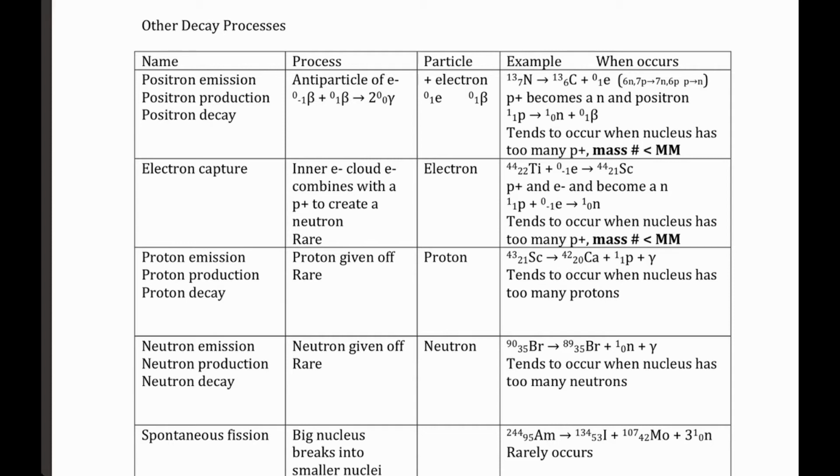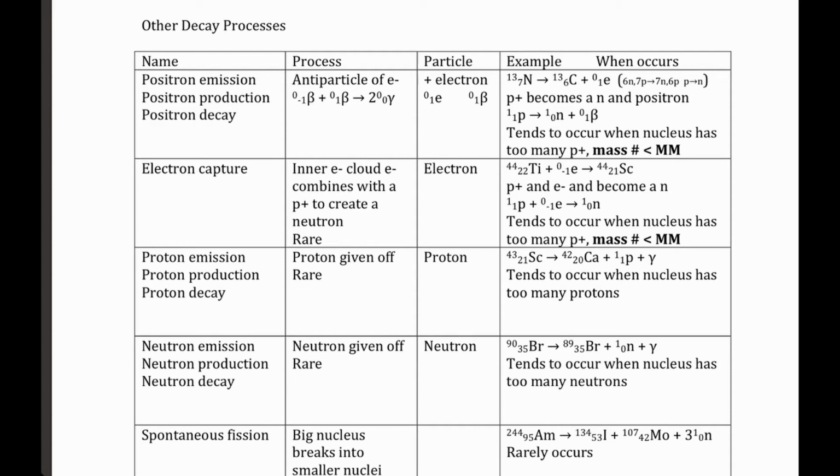N-13 is an isotope that undergoes positron decay. And we see the reaction there, N-13 forming C-13 plus the positron. Notice that the 13 on the left equals 13 plus 0 on the right. 7 equals 6 plus 1.